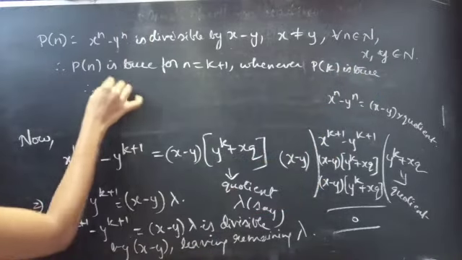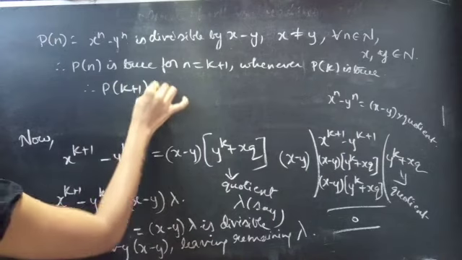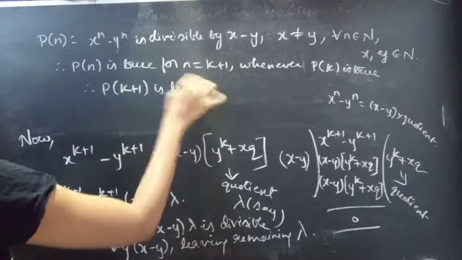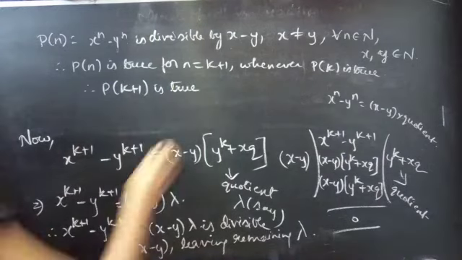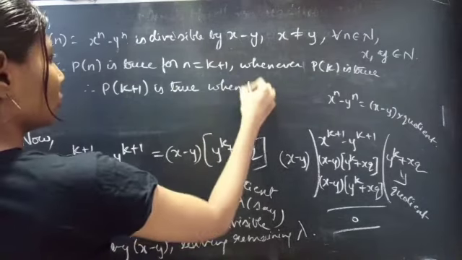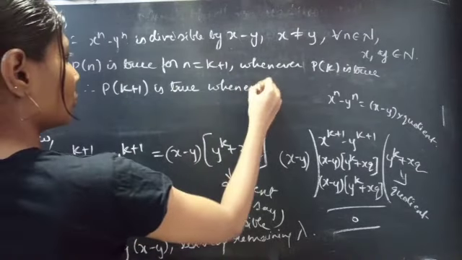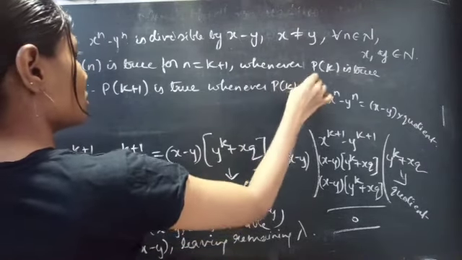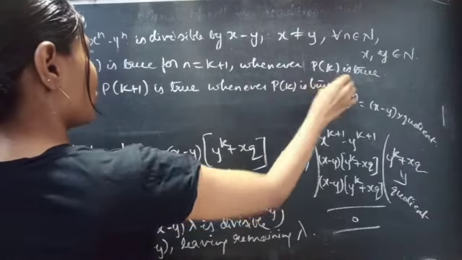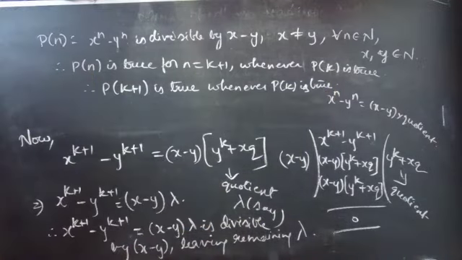Therefore P of k plus 1 is true whenever P of k is true, right?